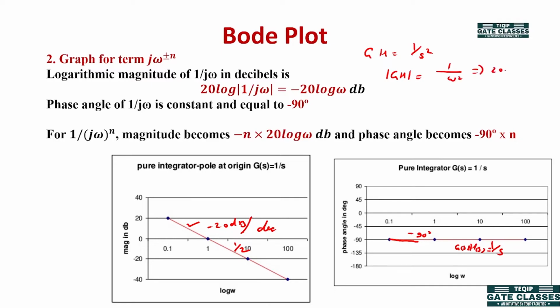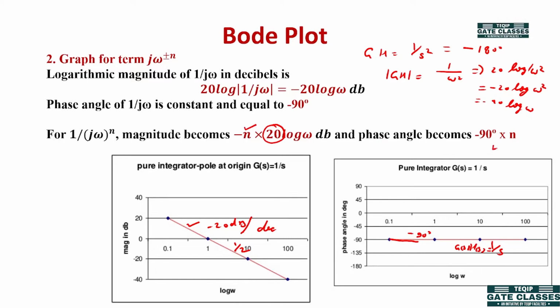In dB we can write 20 log 1 by ω square, or minus 20 log ω square, or minus 40 log ω, and our angle would become minus 180 degrees. So if we have n poles at origin, we can simply multiply our previous value, that is 20 dB per decade, by n.